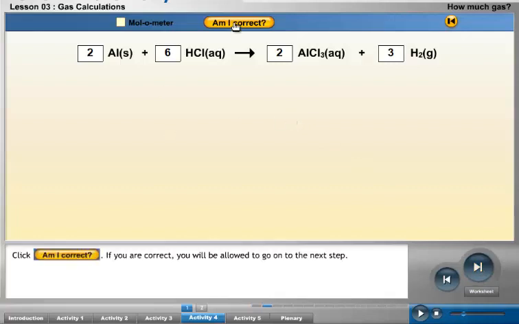Click Am I correct? If you are correct, you will be allowed to go on to the next step.